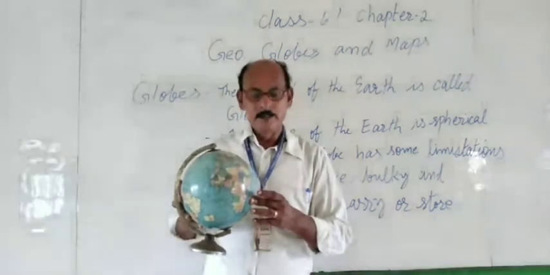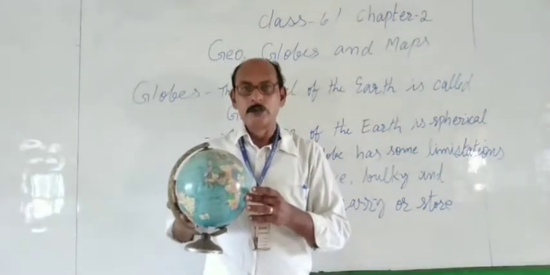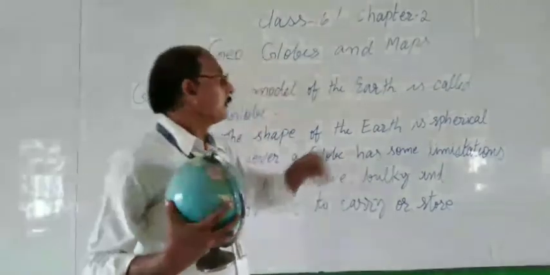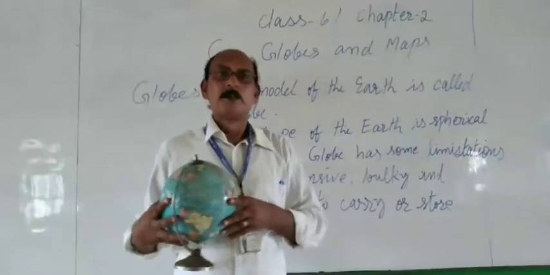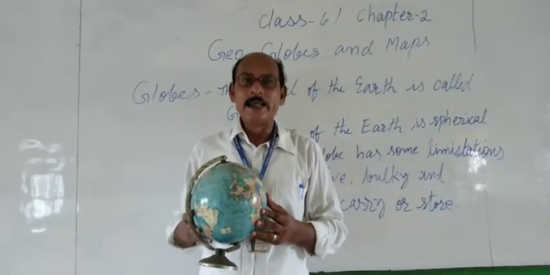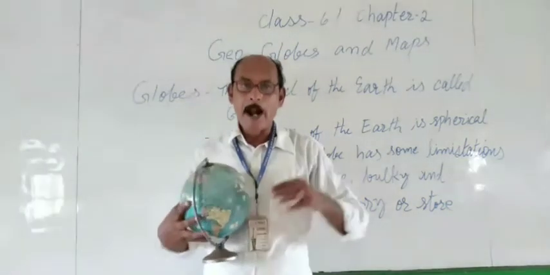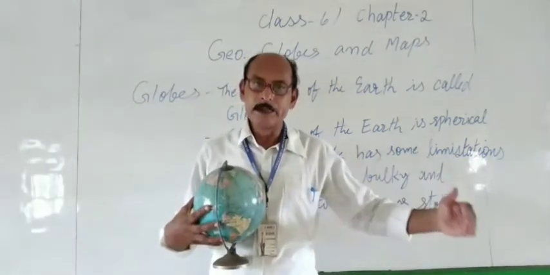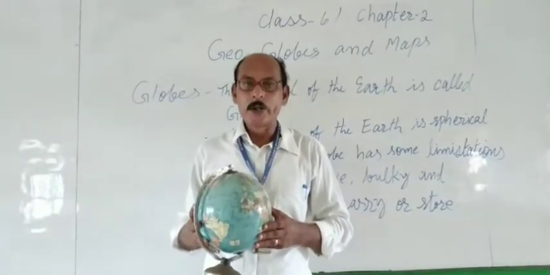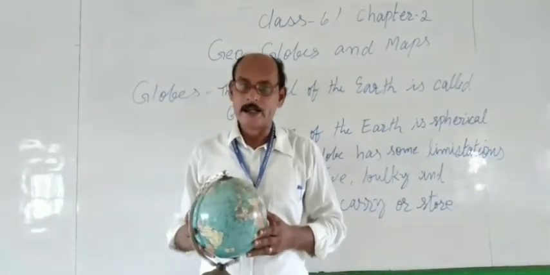That is why geographers have made maps. With the help of maps, we can study details of each part of the Earth, and we can find the locations and the areas.